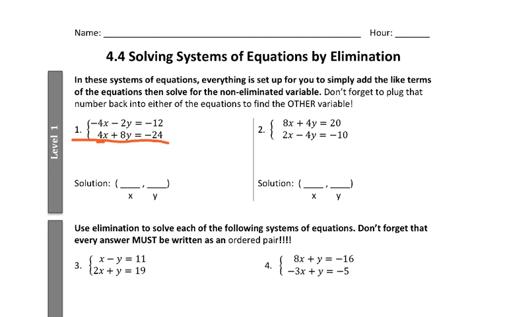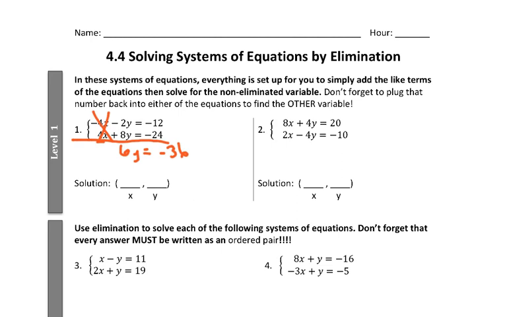How much is negative 4x plus 4x? Well, that's 0x. We just eliminated our x's. Then we have a negative 2y and a positive 8y, which add to 6y. Then negative 12 plus negative 24 is negative 36.